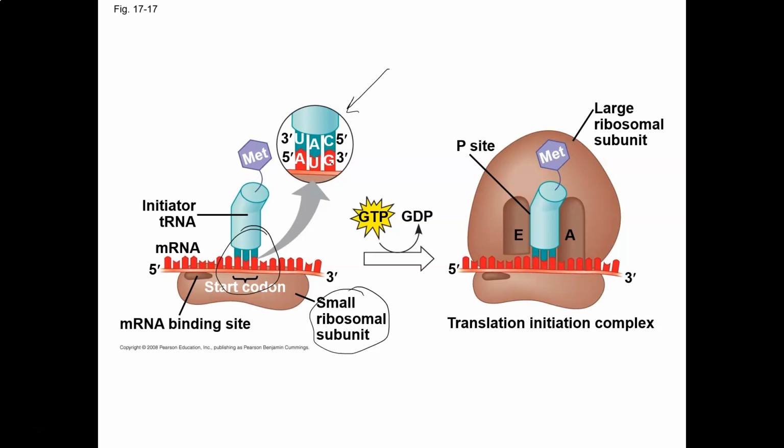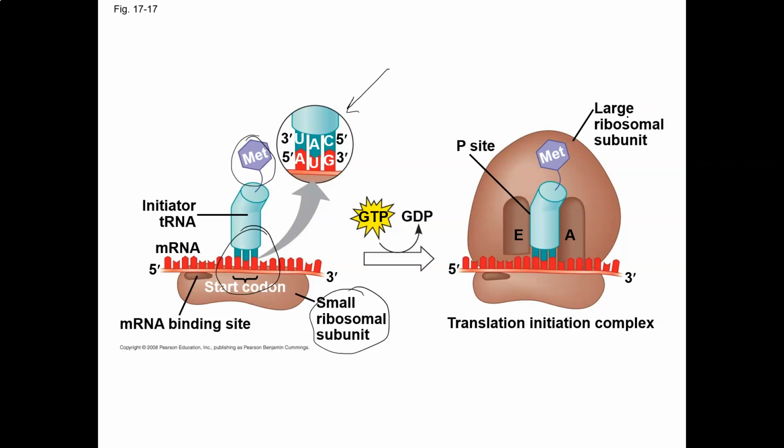That's the start codon. It's also the codon for the amino acid methionine. So this transfer RNA is called the initiator transfer RNA. It's carrying methionine. It's got an anticodon that binds with the start codon. So this is sort of like step one of translation.